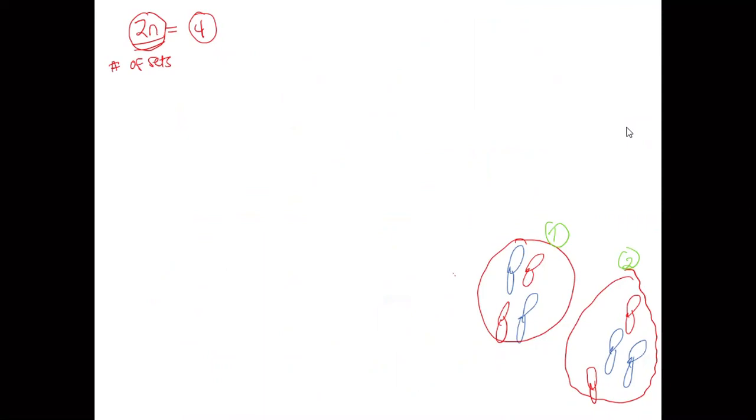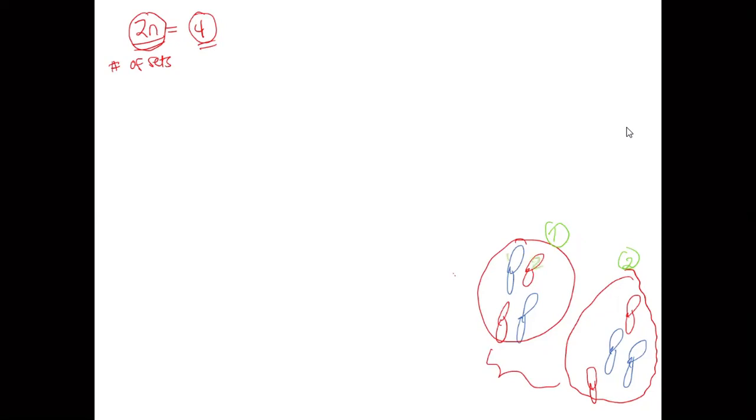As you can see, these two daughter cells would have the same composition, but let's check their ploidy. Is this still 2n is equal to 4? Is the total number of chromosomes still 4? Let's try to count.